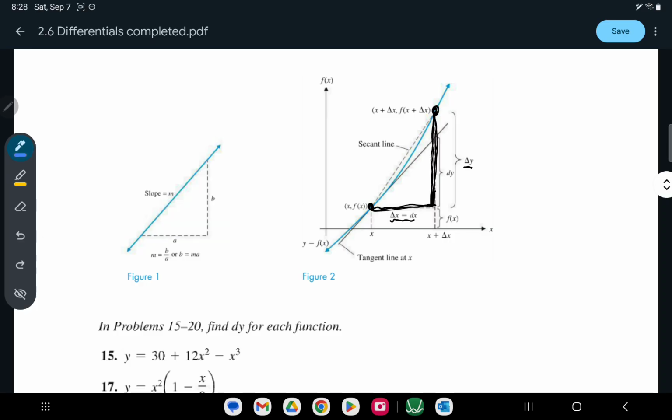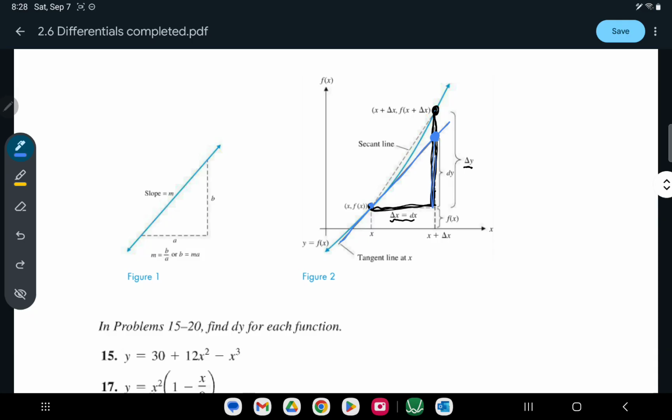Or if I use this first point and find the tangent line, so that's the derivative at a point, I could approximate the value of that second one, right? Because as that change in x gets smaller and smaller and smaller, it gets closer and closer to the actual value.